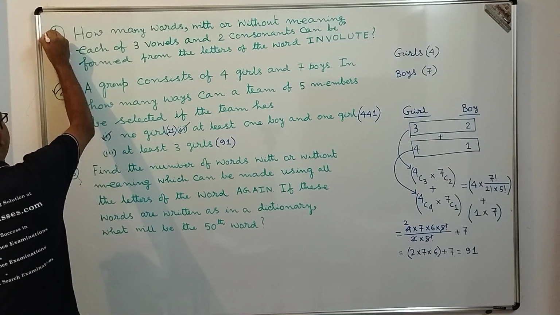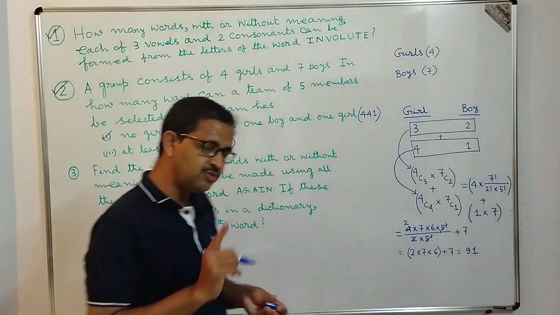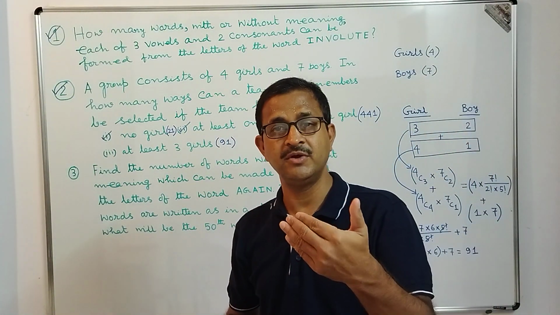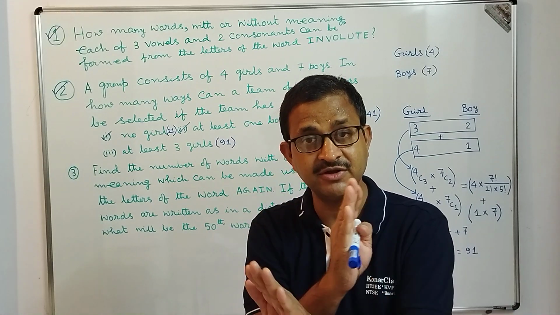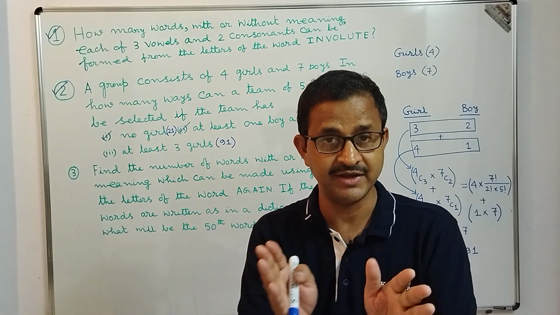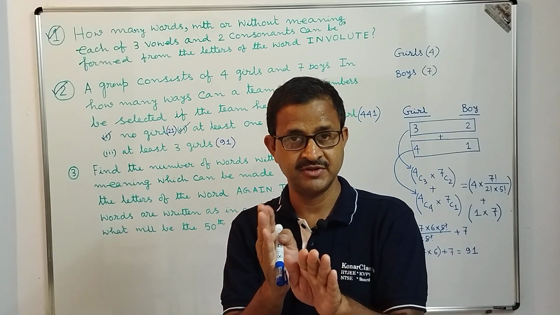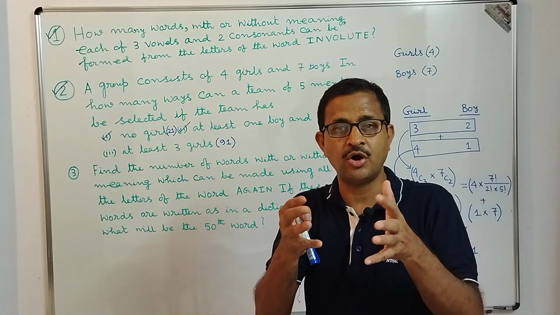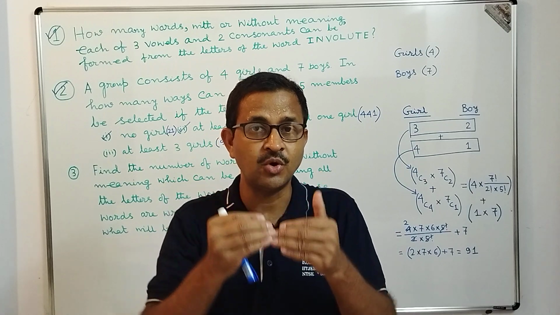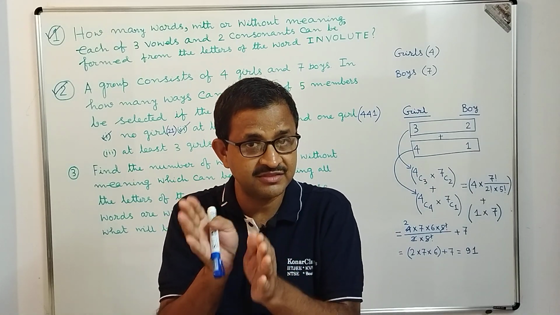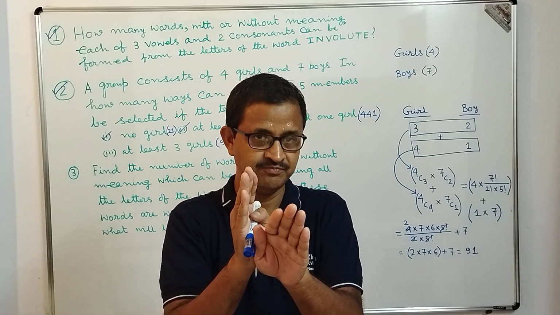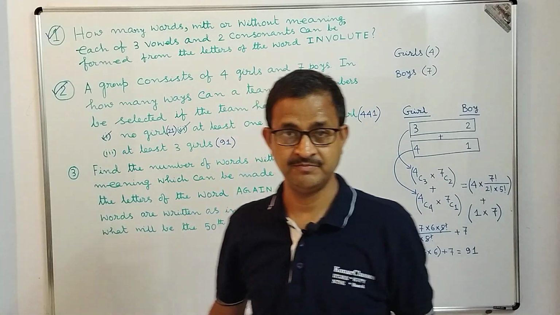Now one thing I would like to tell you here, dear students: if you look into the first question, it was forming words. When it is forming words, you can make that arrangement also. After selecting the 3 vowels and 2 consonants in different ways, for each of these selections we can arrange among these different letters consisting of vowels and consonants.